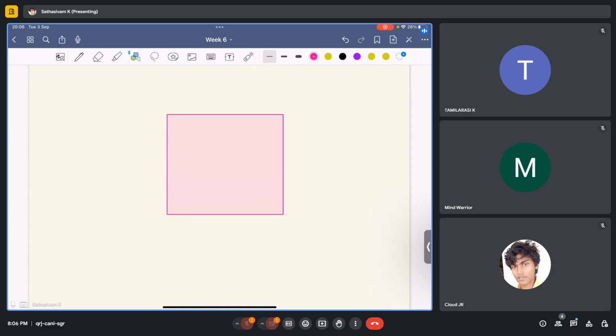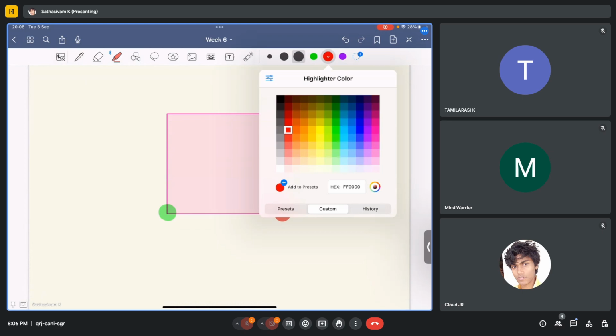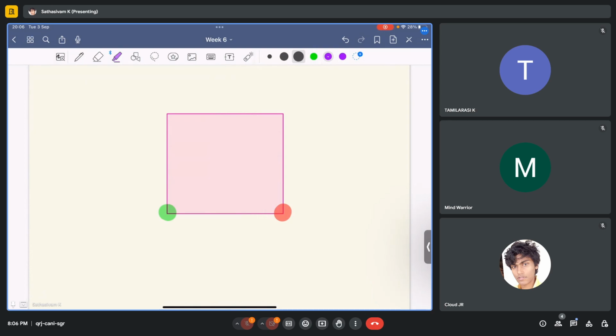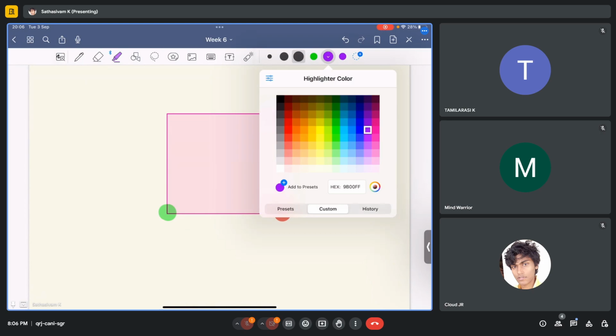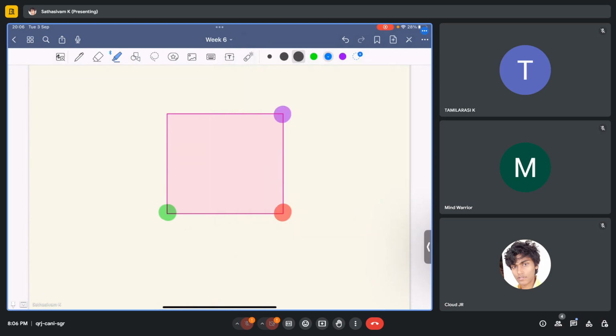I'm just going to mark these edges, some color I gave to these edges, a different color I give to each.